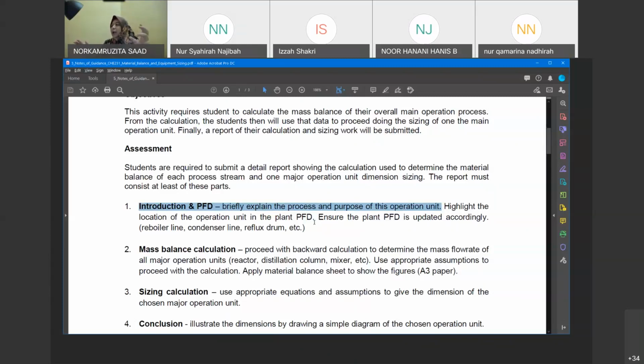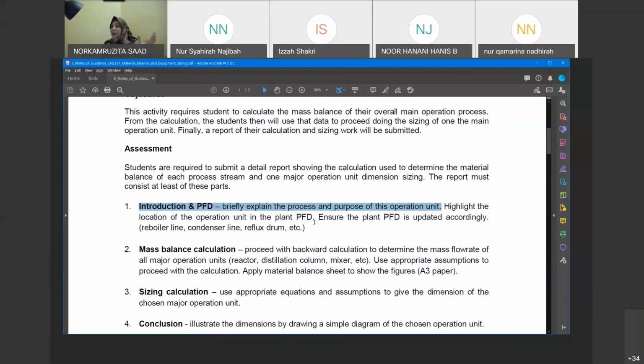So now you know how much feed you need for your particular equipment to give you 1,000 mole of product, okay. But again, your feed must come from the previous equipment, okay. That includes the raw materials that you need to have before it flows into your selected separation unit, okay. So this means that you need to go backward, backward again, and backward again.